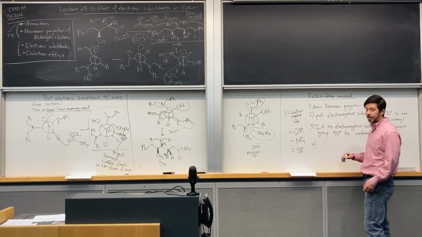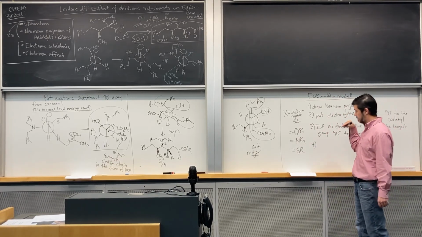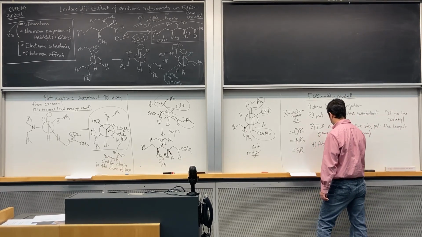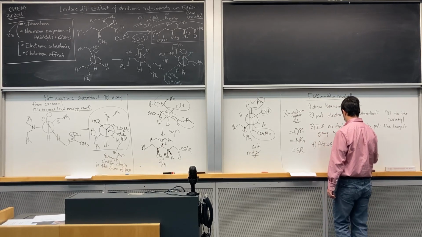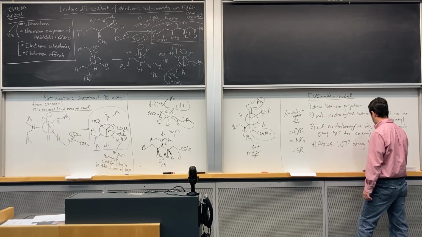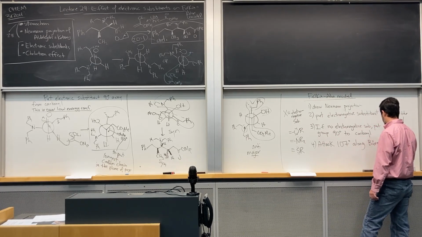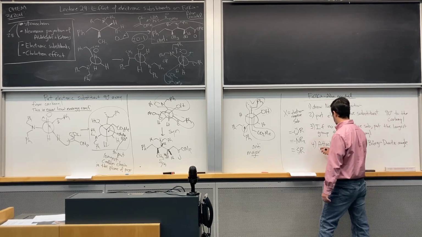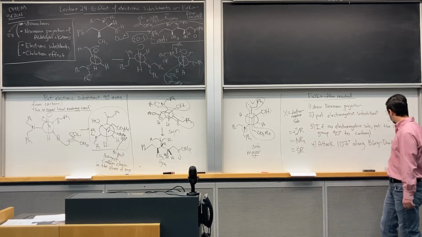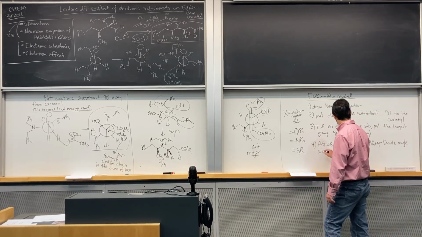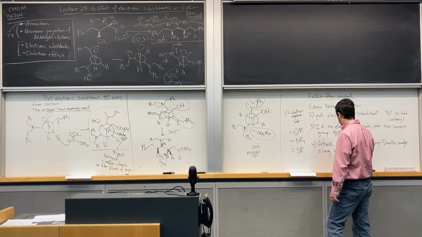Step 4, attack at 107 degrees along that Bürgi-Dunitz angle with a nucleophile, along the path of least resistance.